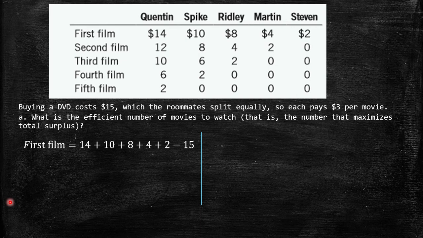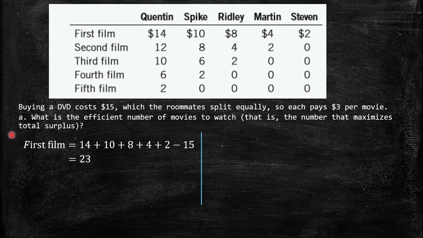Then we're going to see if there is any surplus in that situation. For the first film they get 24, then 32, plus 2, 34, and then 38 minus 15, we end with 23.